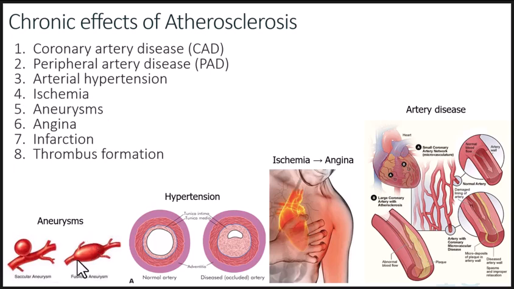Aneurysms can form where we get ballooning of arteries, so the walls become weaker and start to balloon out and can rupture. Angina, we'll talk about this, is a chest pain that can occur because of atherosclerosis.